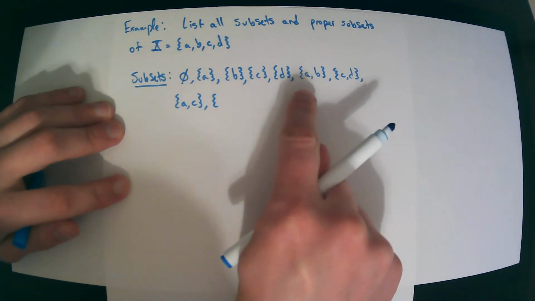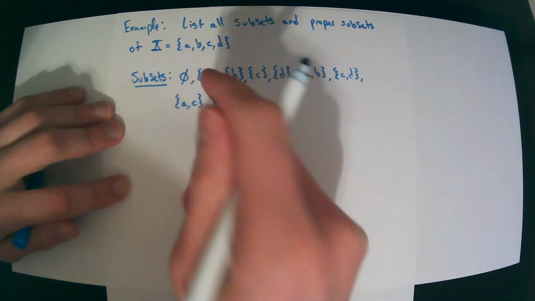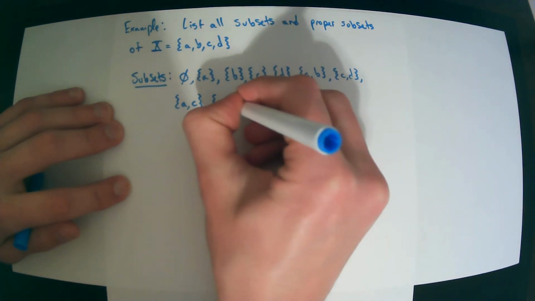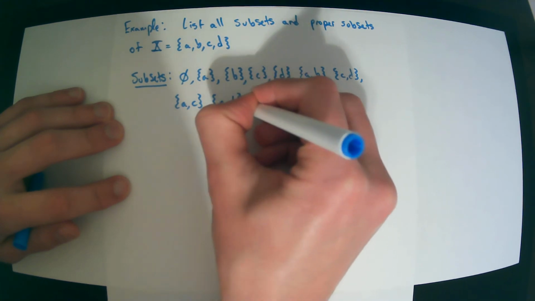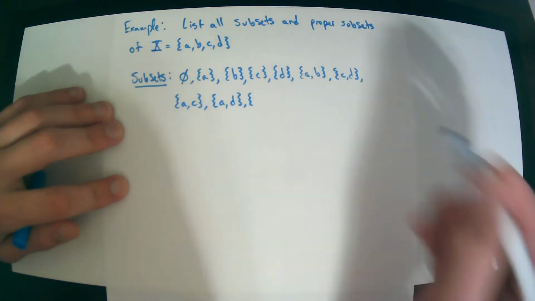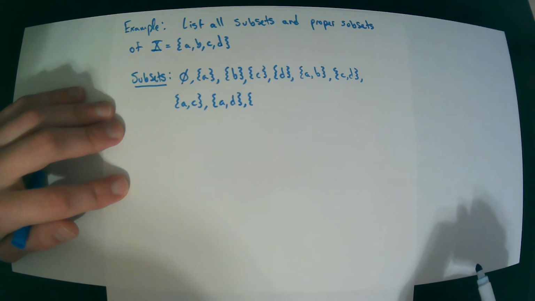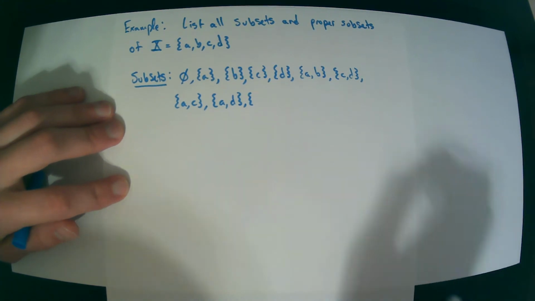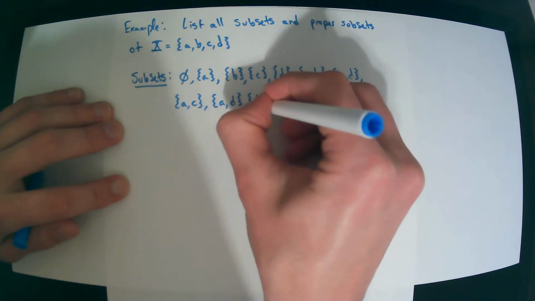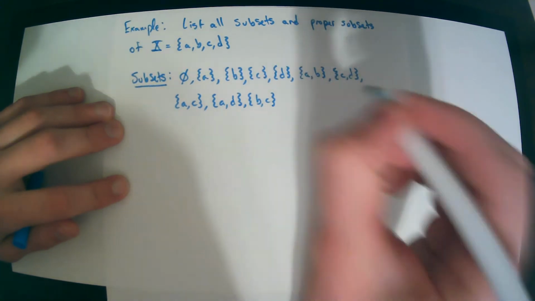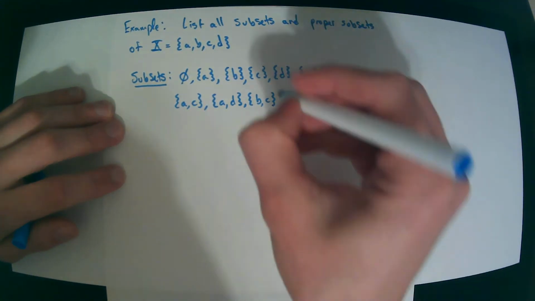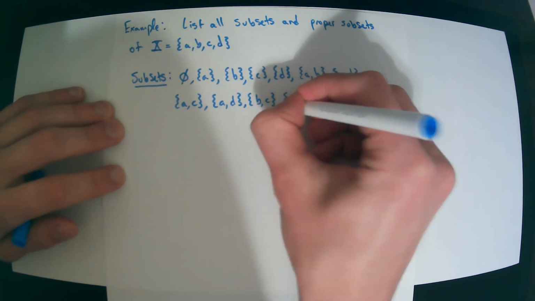So AB, I've got CD, and I've got AC. How about AD? Okay, AD. What about, do I have BC? Not yet. Do I have BD? I don't think so.